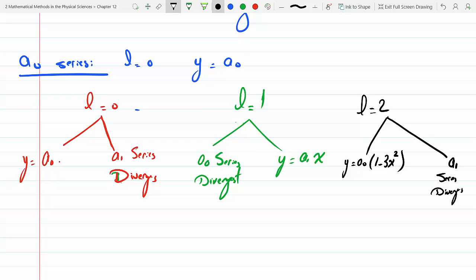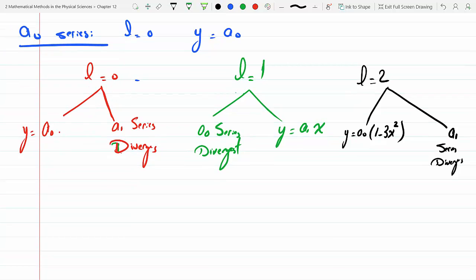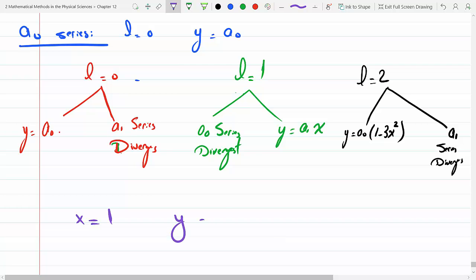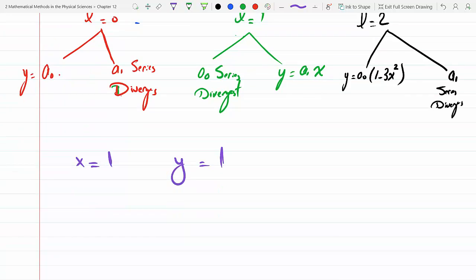Why? Because they are selected so that when x equals 1, y equals 1. So for example, if y equals 1, plug this in here, that immediately tells you that y equals a0, so a0 equals 1, and therefore y equals 1.